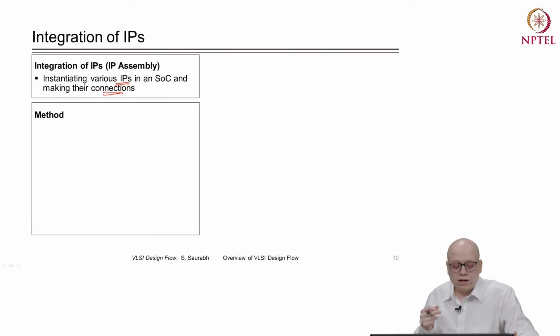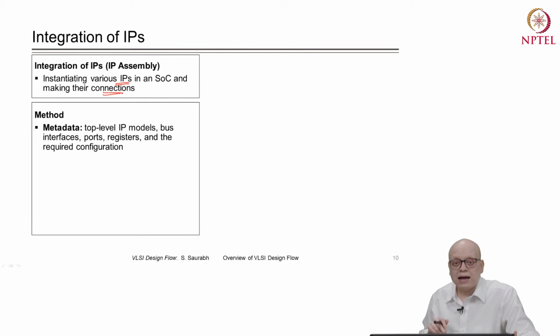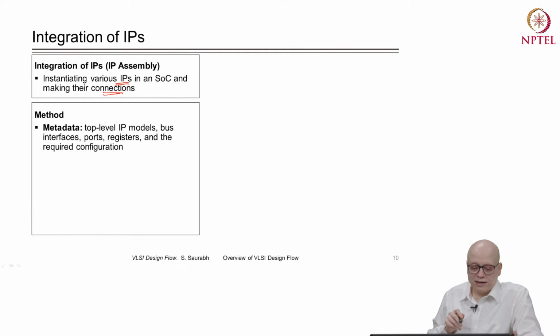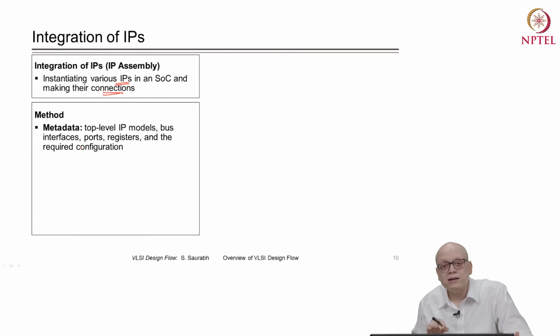To do that integration, what an IP integrator, or the one who is designing an SoC, can do is create metadata. This metadata includes the top level IP models, bus interfaces, ports, registers, and the required configuration. Those need to be filled in by the IP integrator, and there are some standards for filling in that information, right?